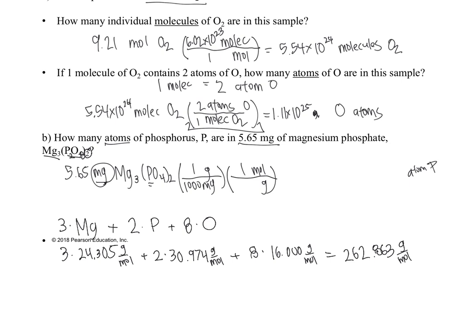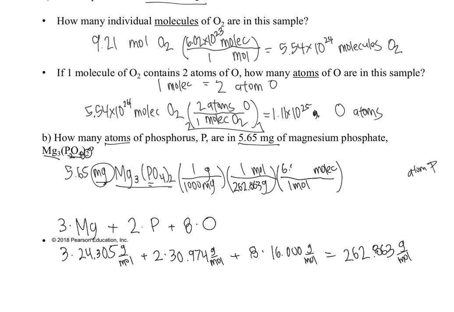So now that I have that big number, I know what will go on the bottom. Okay, now I'm in moles, and I want to get, now this is a whole molecule or a compound. So when I use Avogadro's number, 1 mole, I'm going to have molecule up top, or a compound.